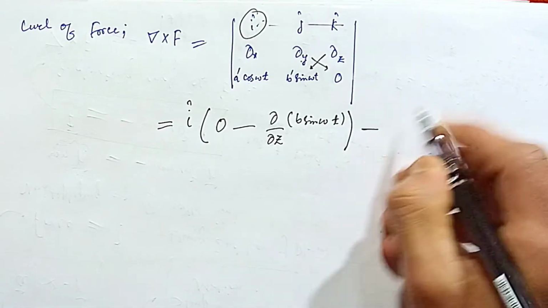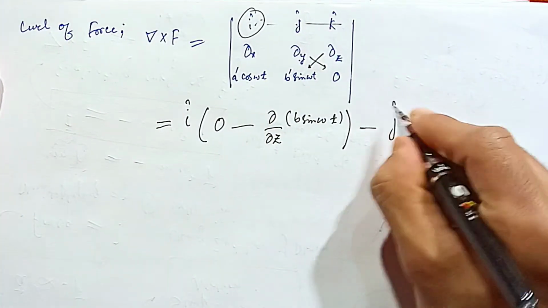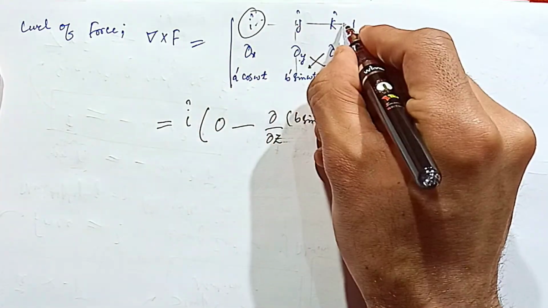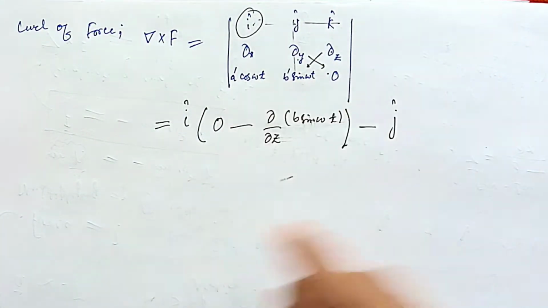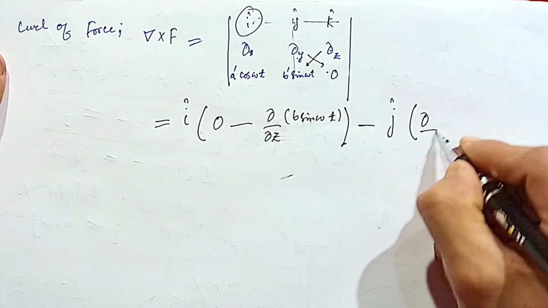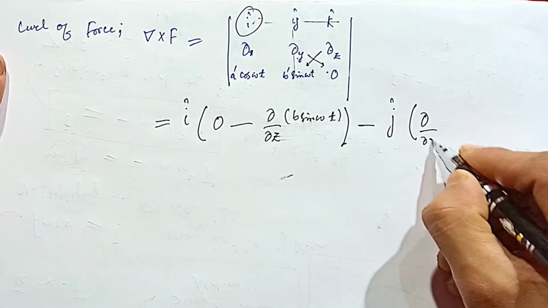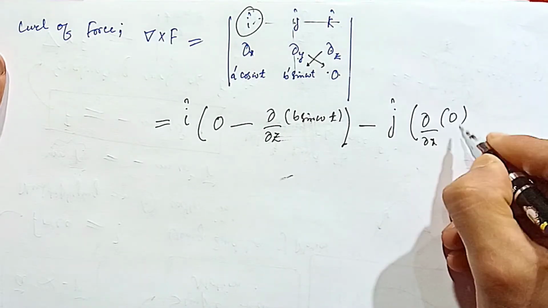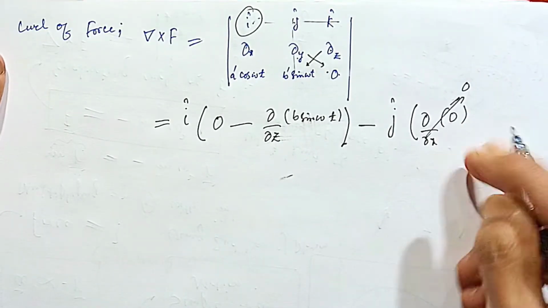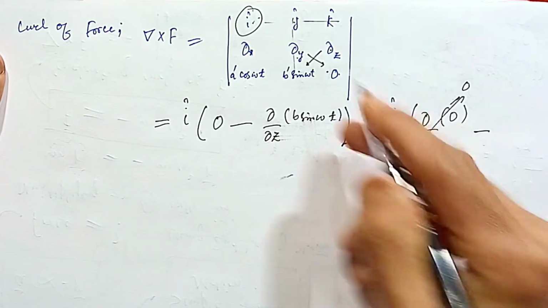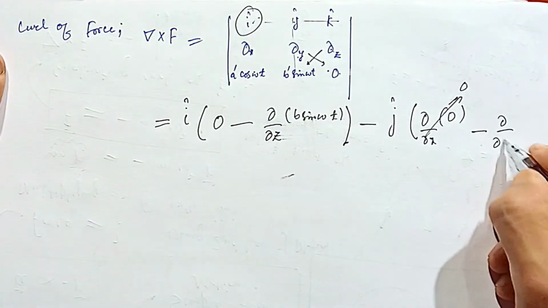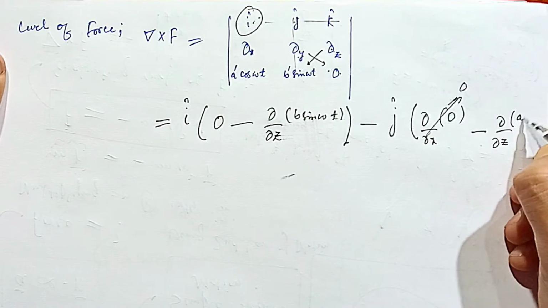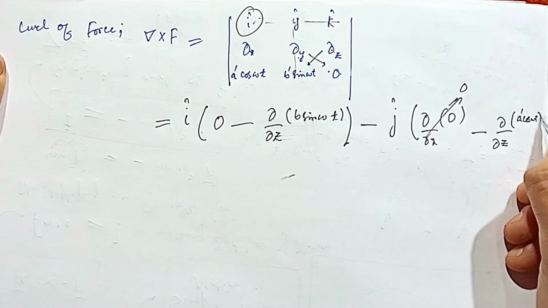Then minus j: keeping this deleted, cross multiplying, we get partial by partial x of the 0 term, which vanishes, minus partial by partial z of a prime cosine omega t.